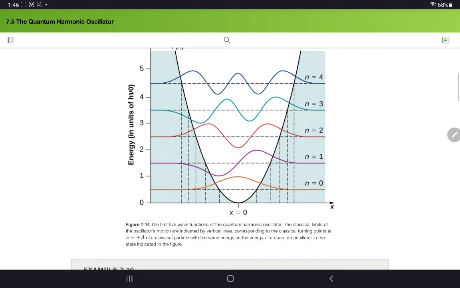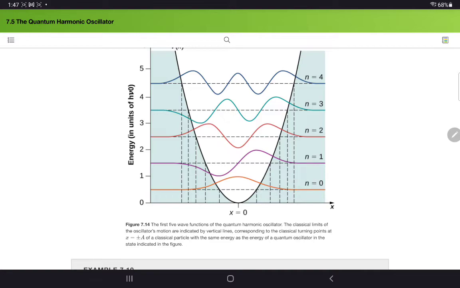The vertical dashed line is the classical turning point, and the probability extends quite a bit further than that, so that you have probability of discovering the particle in the classically forbidden places. If you look at this function, it's even. That is, it's mirror symmetric about x equals 0.